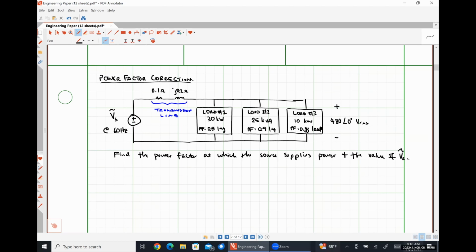So I would argue that in order for us to find the power factor at which our source is supplying power, we need to determine the complex power supplied by our source. That seems like a reasonable place to start, because if we have our complex power supplied by our source, we have effectively all of the information about our source, including power factor, right?